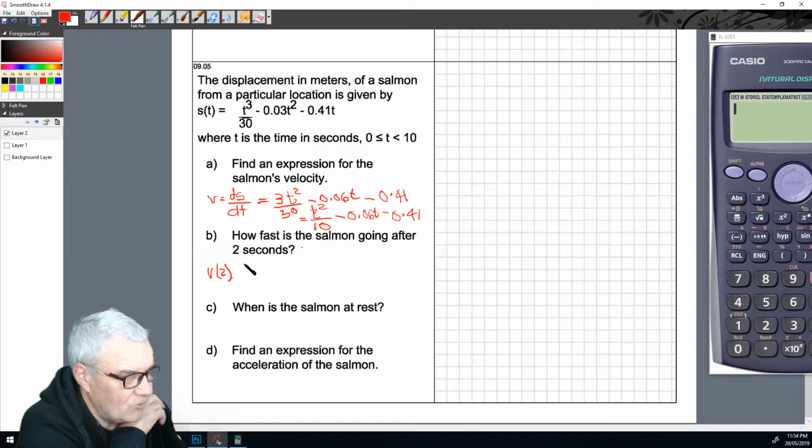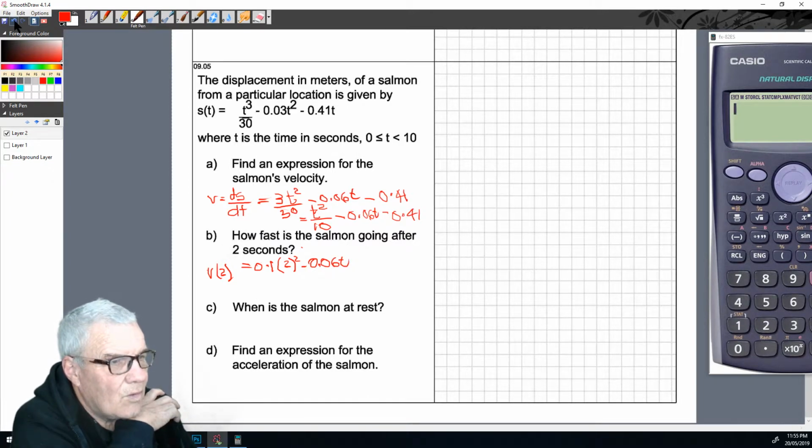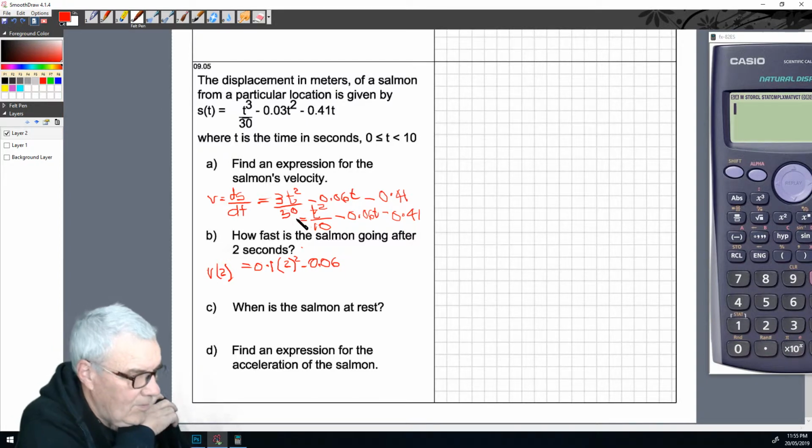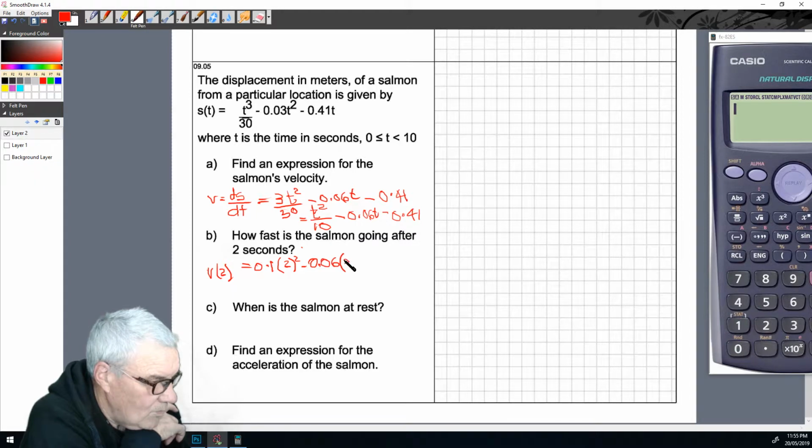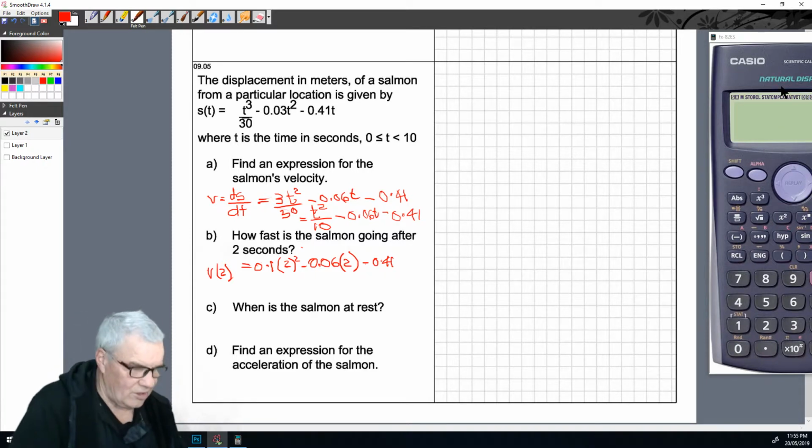It's another way of writing it, just gives us a bit of room, equals 0.1 times 2 squared minus 0.06 t, oh, oops, times 2, 0.06 times 2, minus 0.41. So let's not get too clever with that.